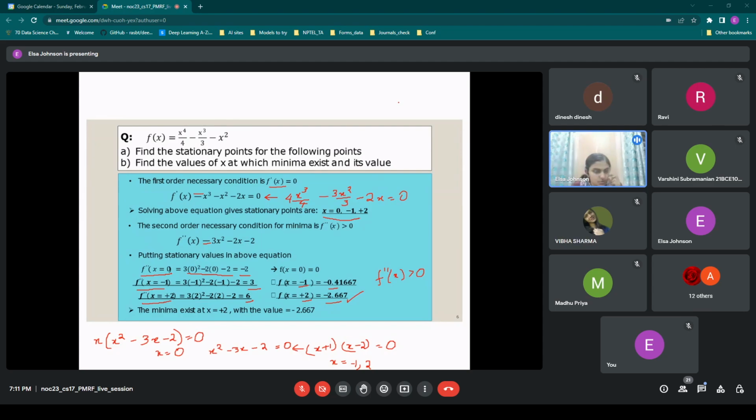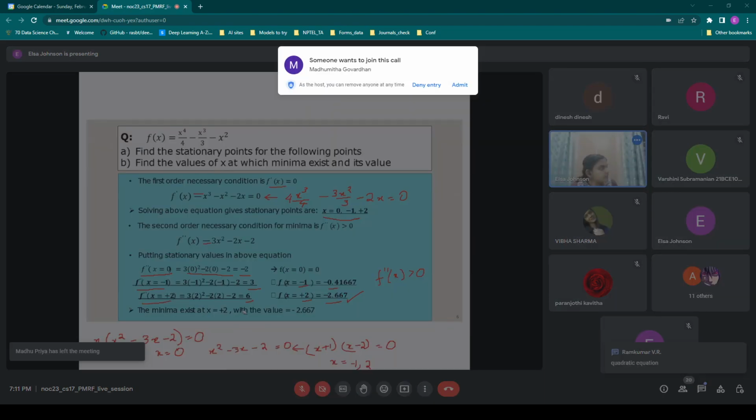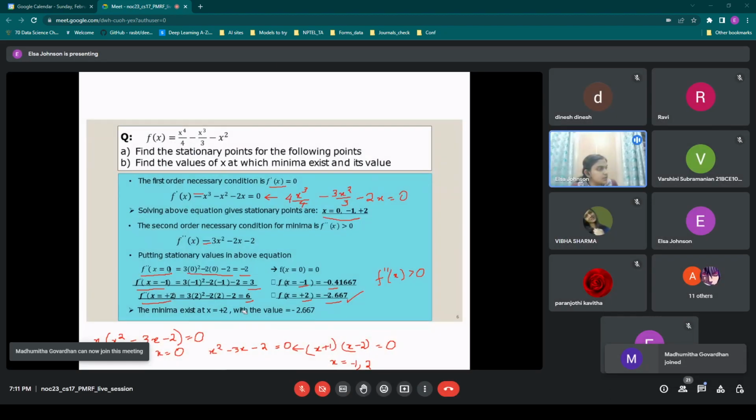Okay, so it's coming like, just a minute. Okay, so this condition was like, yeah, it's a quadratic equation.